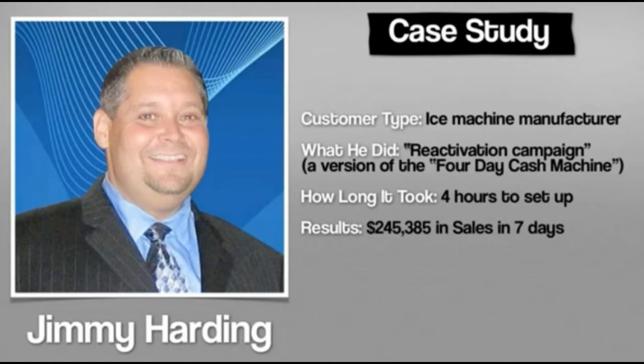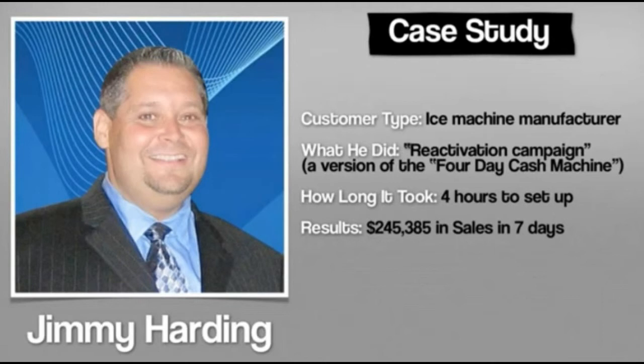So they sent out this direct mail campaign to incentivize and motivate people to get their air filters. It took only 4 hours to set up this campaign, and it generated over $245,000 in just 7 days.